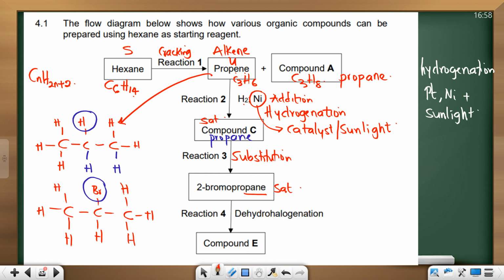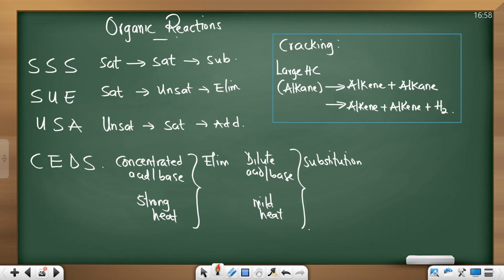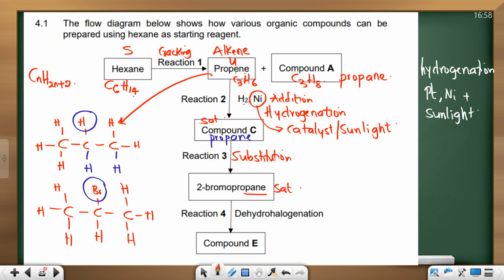And guys, because it is substitution, what are my conditions? Dilute acid or base, but in most cases we use a strong base there. And mild heat. So let's write the condition. What do we need? Dilute. Give me an example of a strong base. Na. Okay, but in this case, let's see.